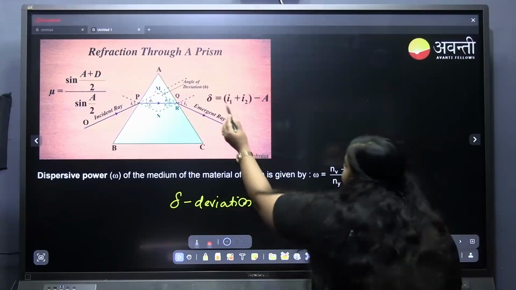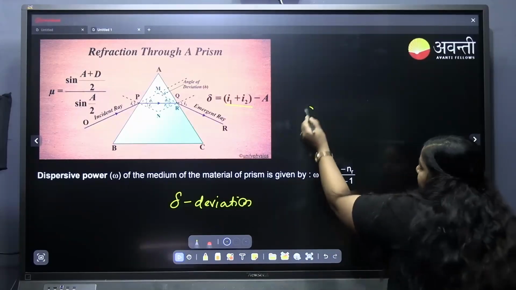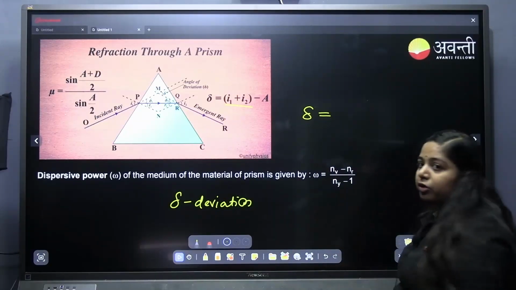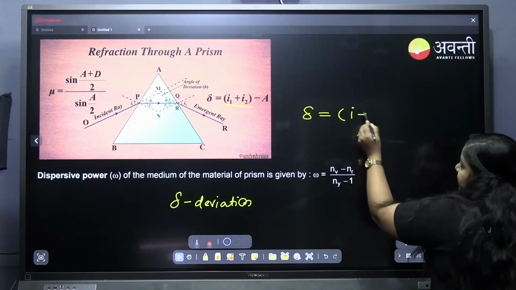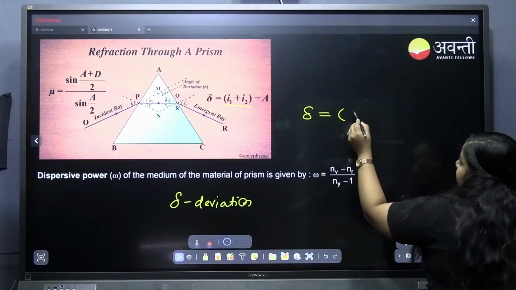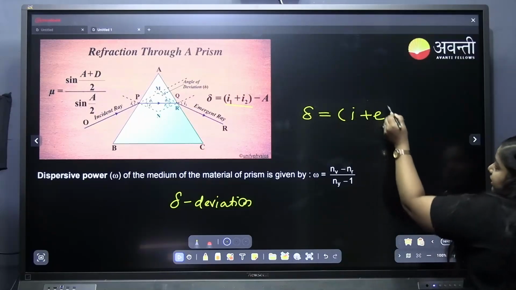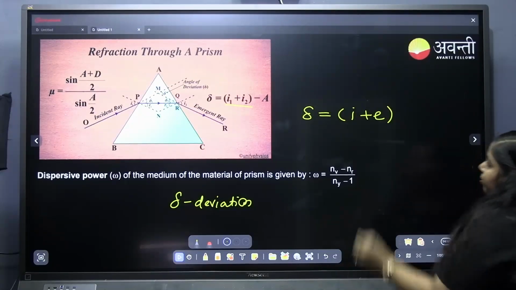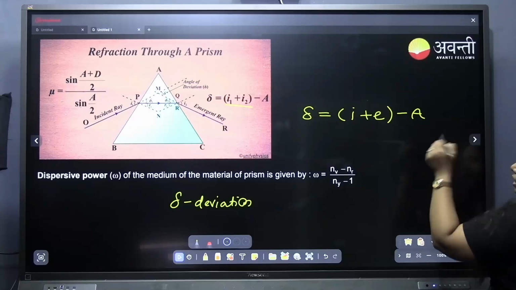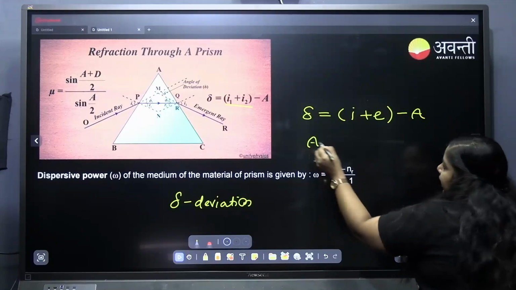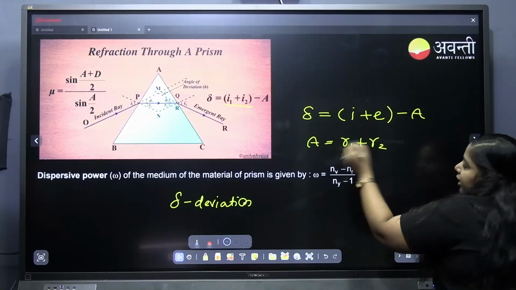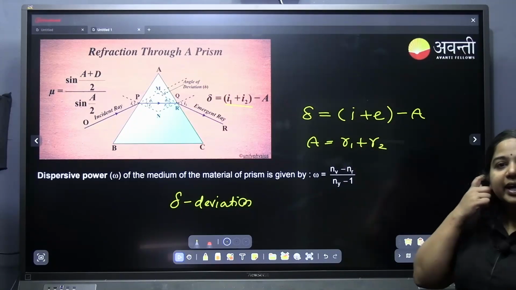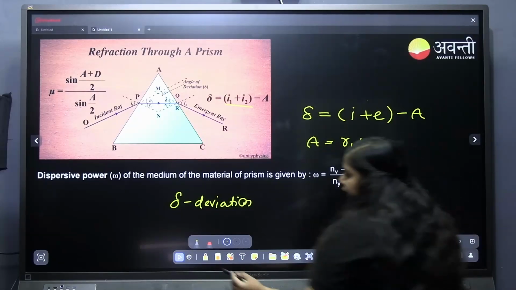Instead of writing I1 I2, I will write in a different way. So deviation for any incident angle is equal to I, incident angle, plus E, emergent angle, minus A. How is this formula coming? A is equal to R1 plus R2. R1 and R2 are refracted angles at surface 1 and 2.